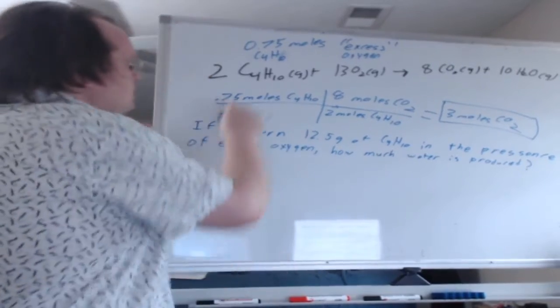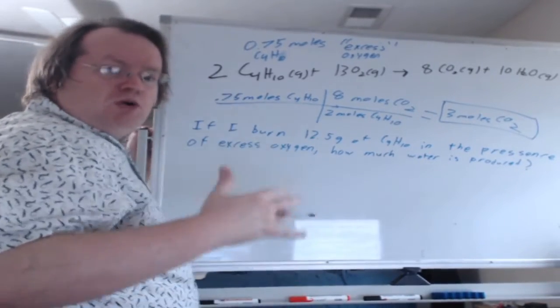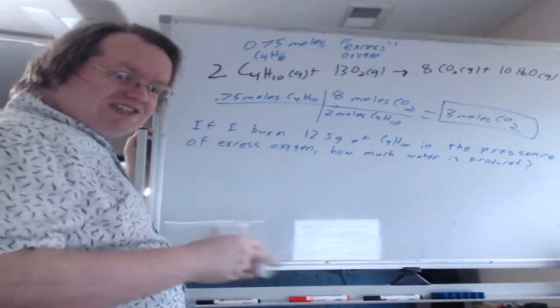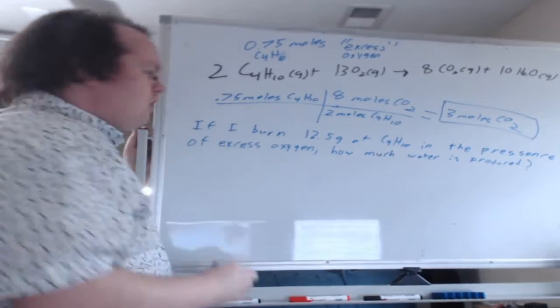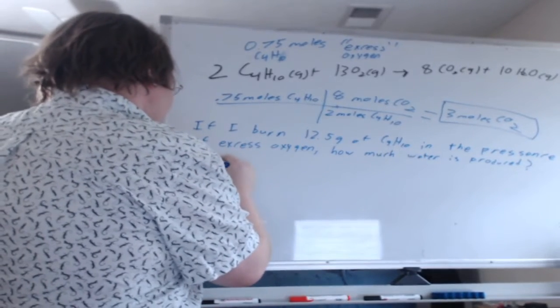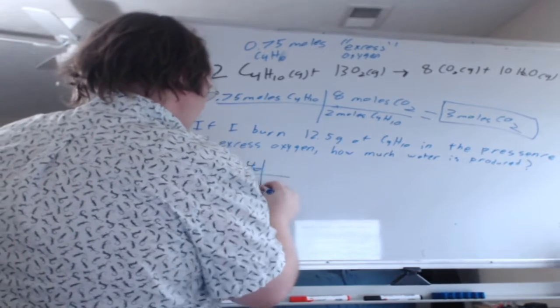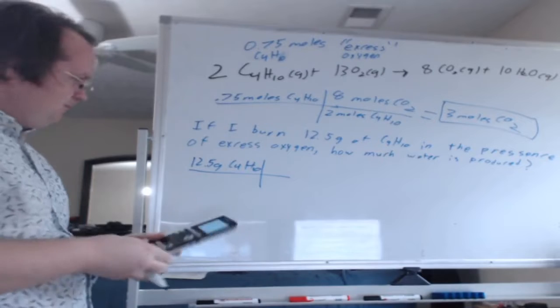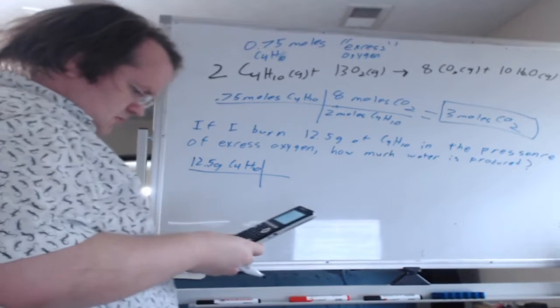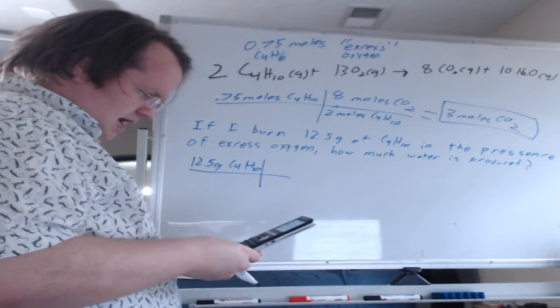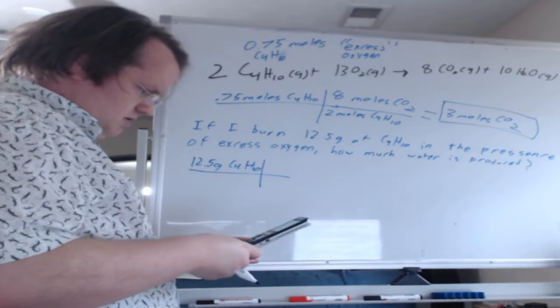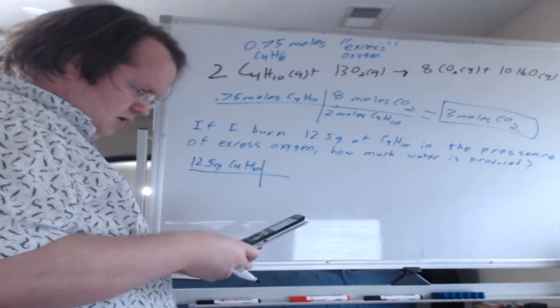So our chemical formulas are just for going from moles to moles. So we've got to start by doing that gram to mole conversion we talked about a couple chapters ago. So 12.5 grams of C4H10. Now what we know is we've got to find the molar mass. I just multiplied instead of adding my masses together. 4 times 12.